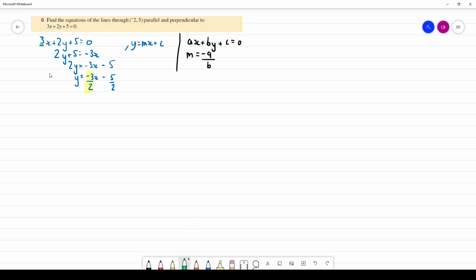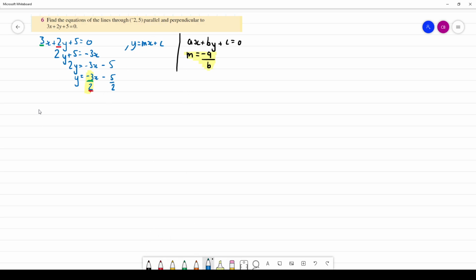Here's a, the coefficient of x, and here it is, negative a there. And we also have the coefficient of y, which is what we're dividing by down there. So you can remember this formula if you're not feeling very nice with your algebraic rearranging. Otherwise, rearranging to this form also works.